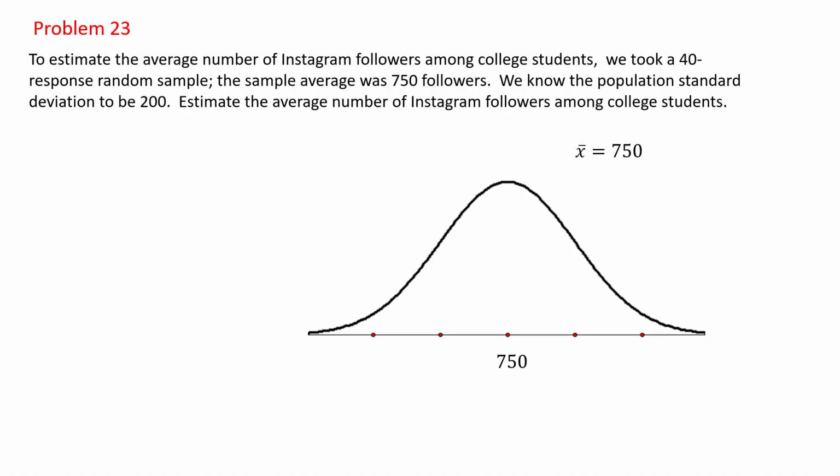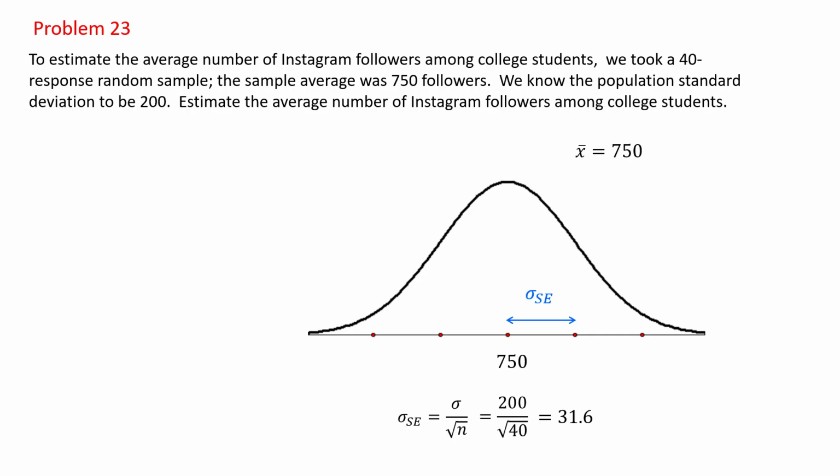But of course, we can't find those estimates until we know the standard deviation in this bell curve, sometimes referred to as the standard deviation of errors, using this formula. Plugging in what we were given in the problem, doing the math, this normal distribution has a standard deviation of about 31.6.